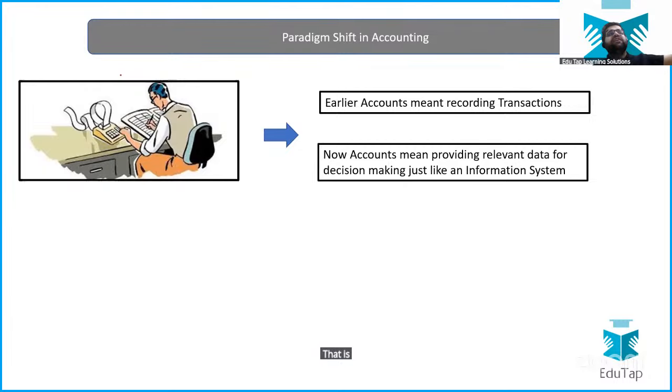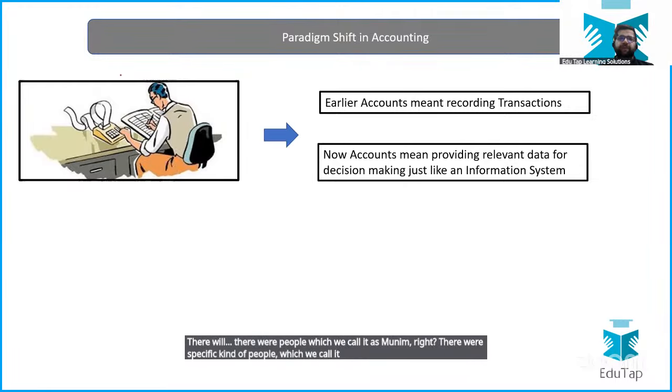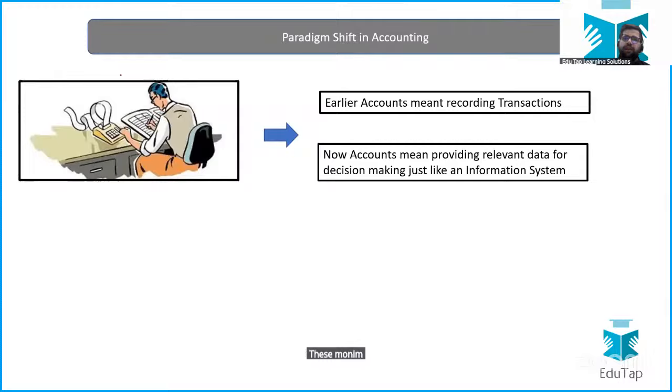That is the old age perspective of accounting. If you go just 20 years back or even further back, there were people whom we call munim. There were specific kind of people whom we call munim. These munim used to write all the transactions of a business in a copy. In Hindi they call it बही खाता. So they used to record all the transactions.